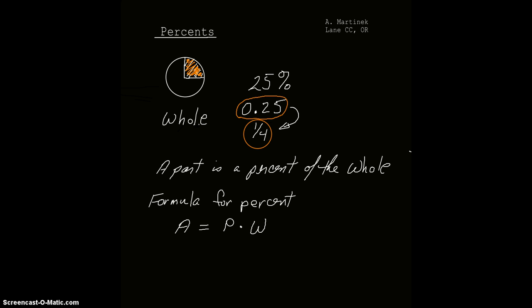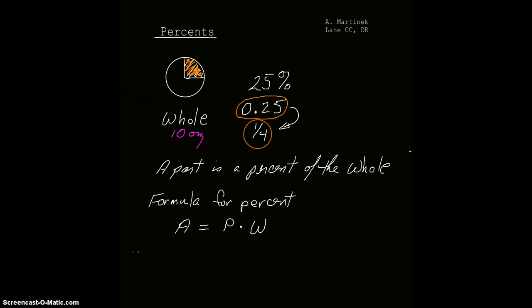So in this case, let's say our whole pie here was equal to, say, 10 ounces, right? And I want to know what is 25% of 10 ounces.